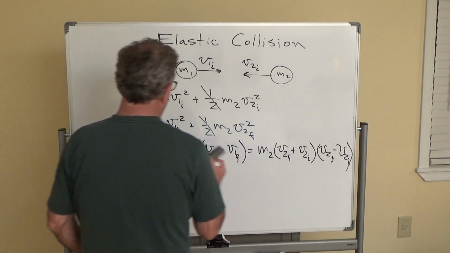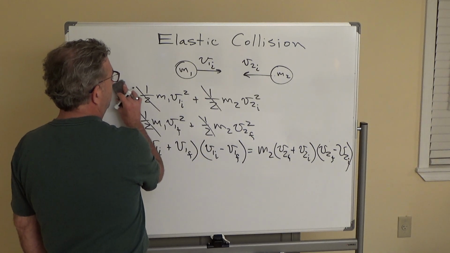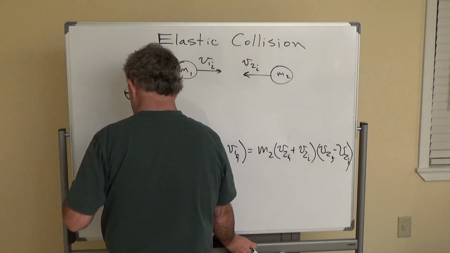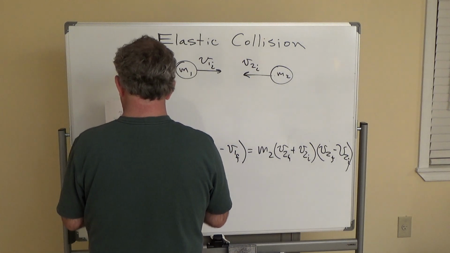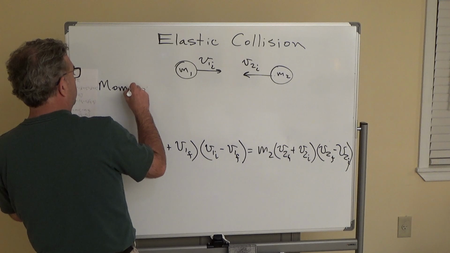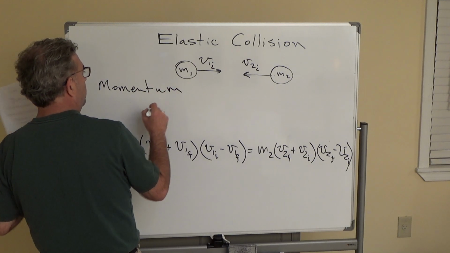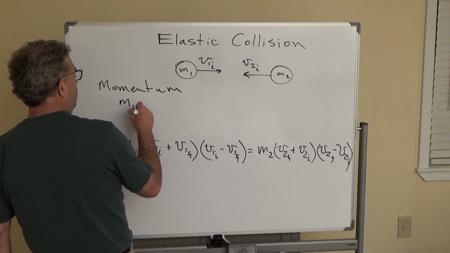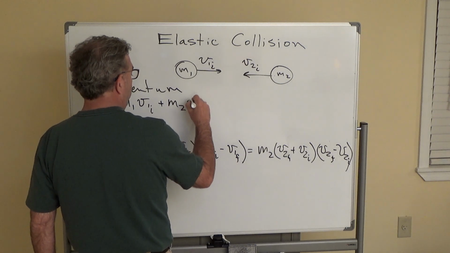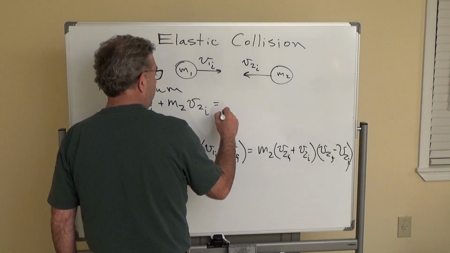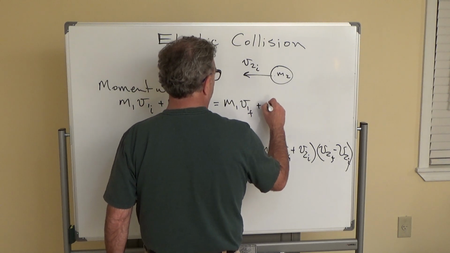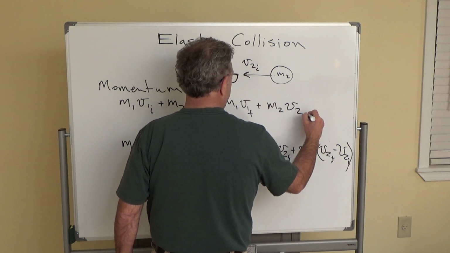Momentum. So this is conservation of kinetic energy. For momentum, it's always conserved. So we have momentum conservation: M1 V1 initial plus M2 V2 initial is equal to M1 V1 final plus M2 V2 final.